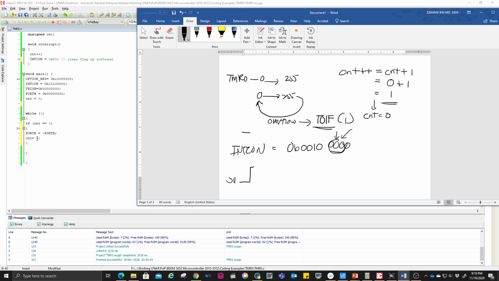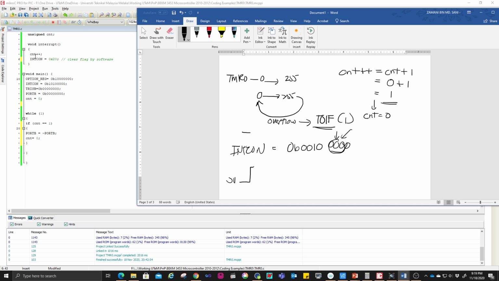Once this count is back to 0, remember that the timer is still working at the background. The timer is still counting, keep on counting. No matter what happened here, the background is still counting. So now it will go back to the same position again, 255 back to 0. Then the overflow happened. So this is again back to this one.